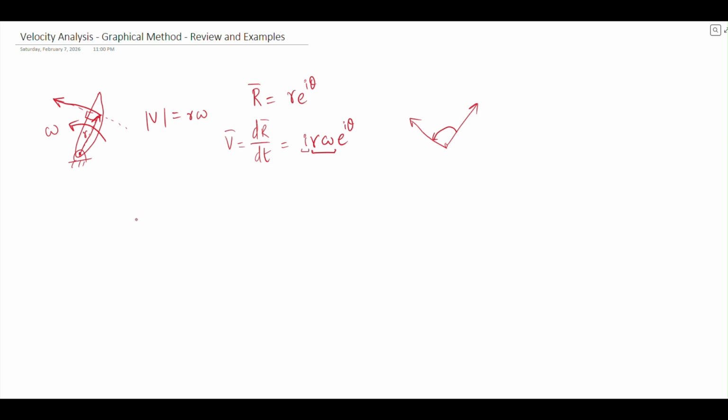Now, if the same link was mounted on an object which was moving, for example, a slider which had the velocity Vs in this direction, then we can do the same analysis with respect to the slider. We know that this point, which is at, let's say, an angle theta, has an angular velocity of omega, and so the velocity v is in this direction.